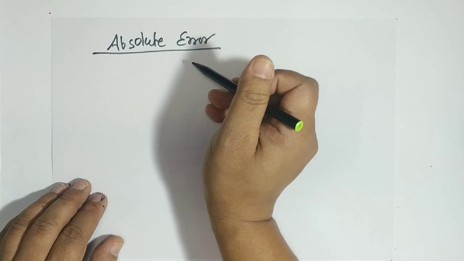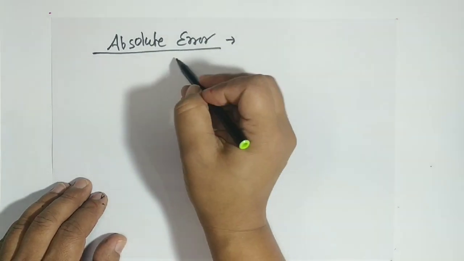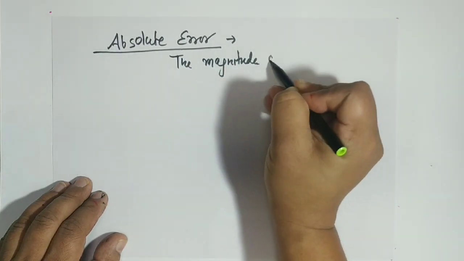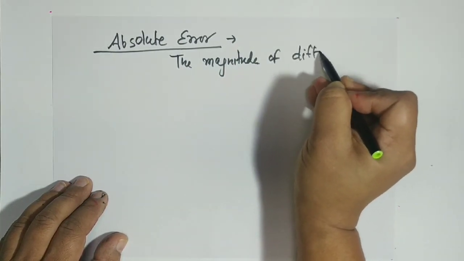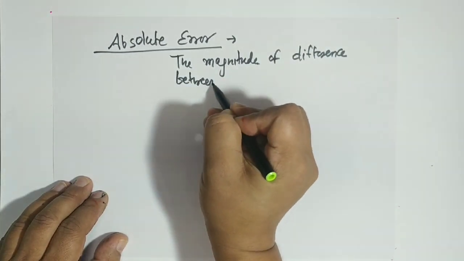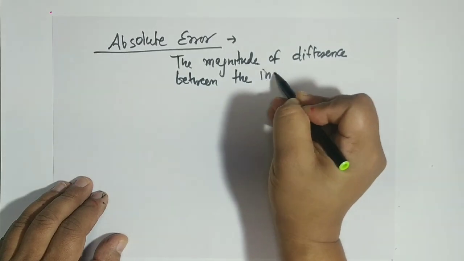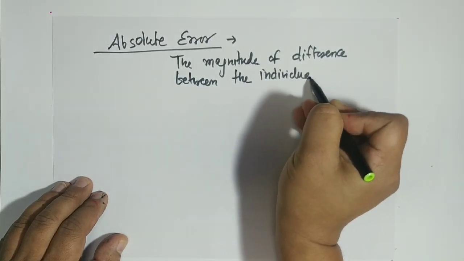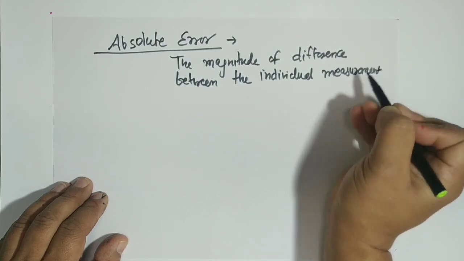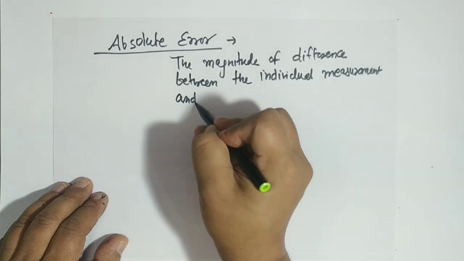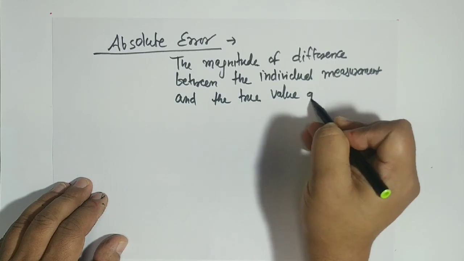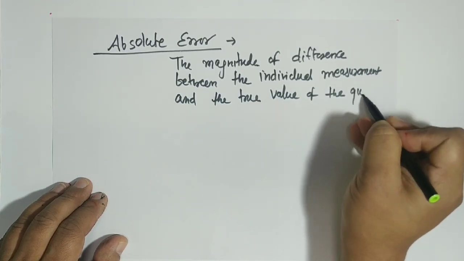Now absolute error, we have already gone through it, that is the magnitude of the difference between the individual measurement and the true value of the quantity. That's an absolute error.